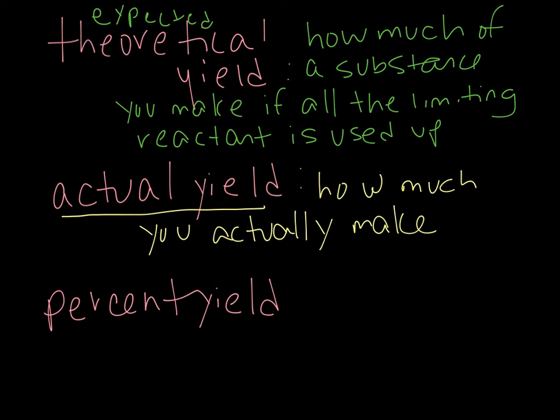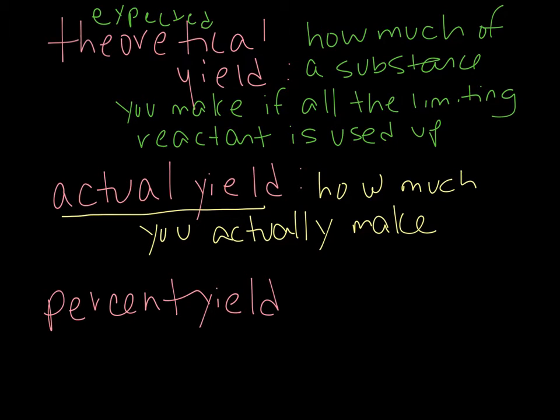Why? Sometimes there are side reactions that may use up some of your products. Sometimes all of your reactants don't react, so that would be another reason. So your actual yield can never be more than your theoretical yield, and it's usually less for a variety of reasons.